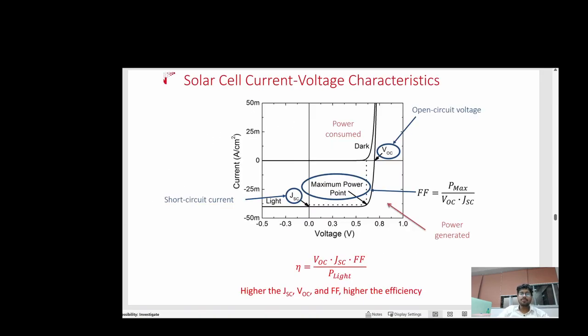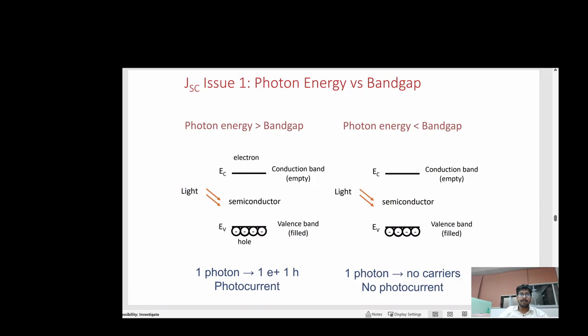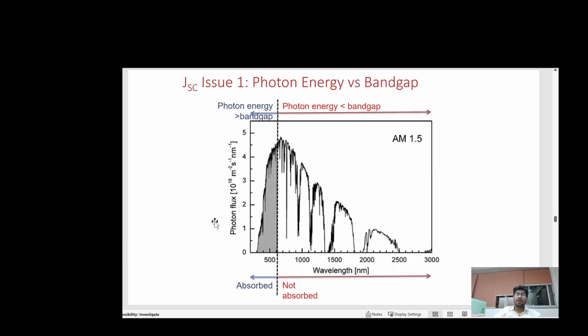So we will see these things: solar cell characteristics, current-voltage characteristics, and then the short circuit current, how the short circuit current depends on the photon energy and the band gap. And the voltage. So how you can solve that issue, that also comes.